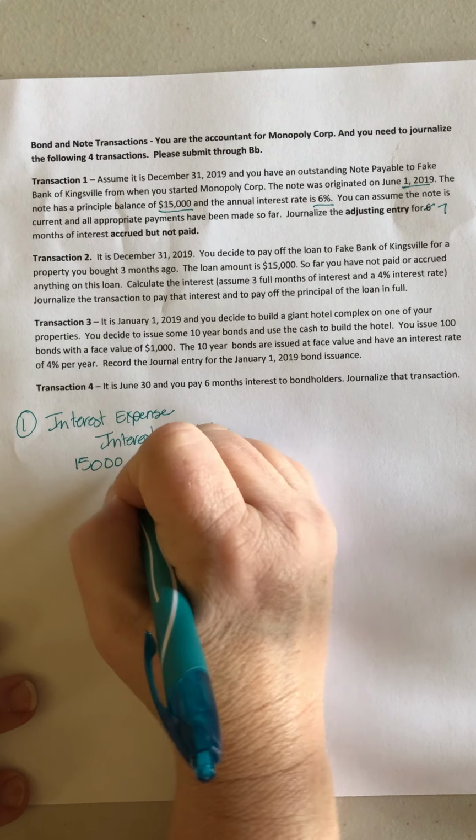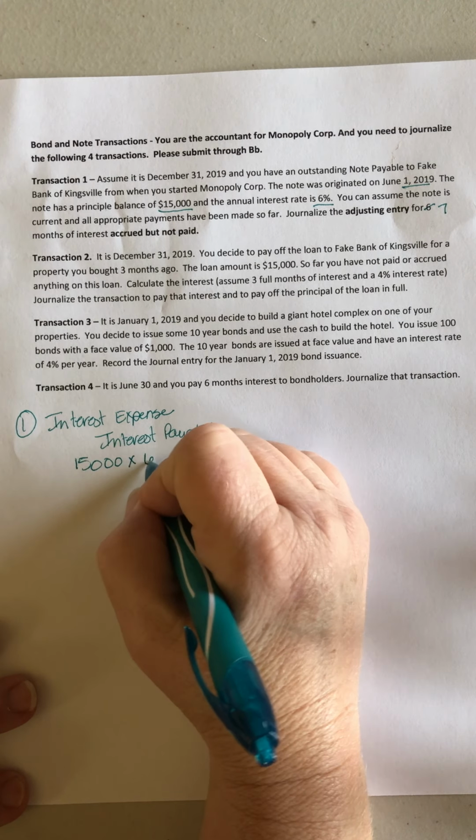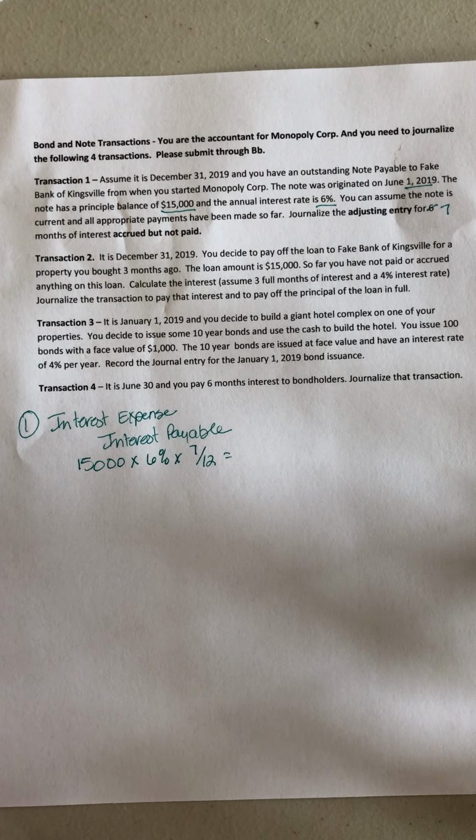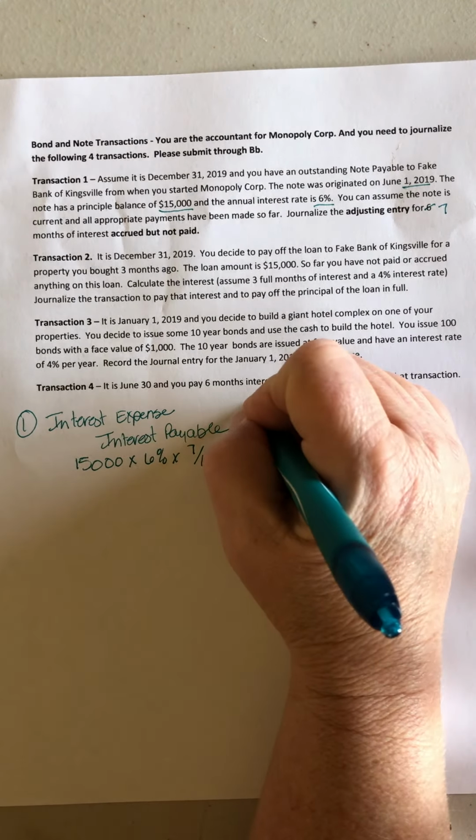So the balance of 15,000 times the interest rate times the number of months that have gone by over 12, because remember, interest is always stated on an annual basis. It's 525.